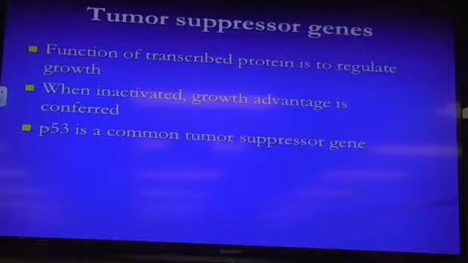The most common tumor suppressor gene that you'll hear about is P53. This is an example comparing normal versus abnormal, for cells with normal P53 and cells with mutation or loss of P53.